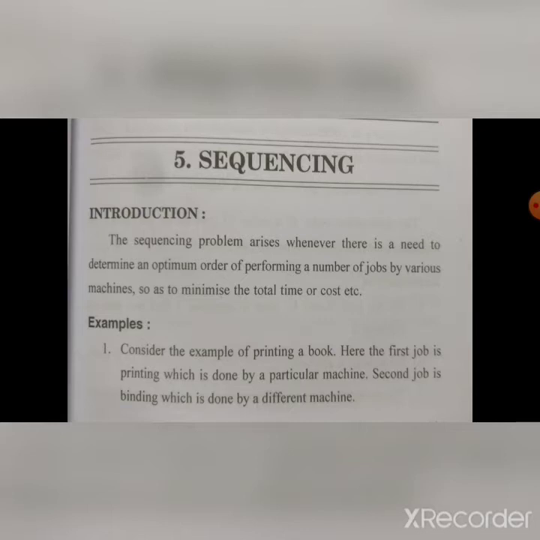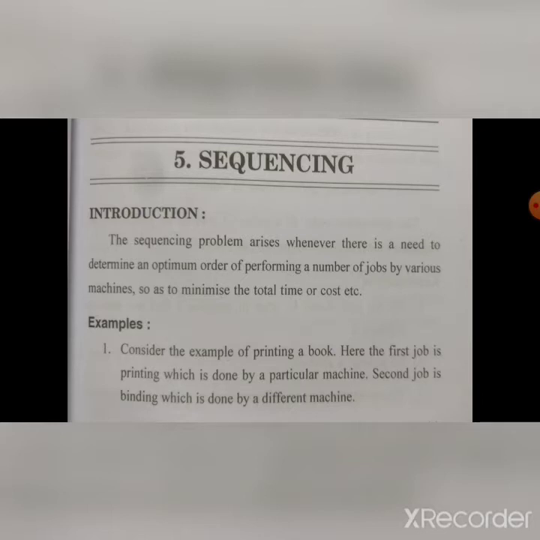So for the same book to be finished, first we have to come with the printing machine, and afterwards only we come with the binding machine. So here consider the example of printing a book. The first job is printing, which is done by a particular machine. The second job is binding, which is done by another machine.